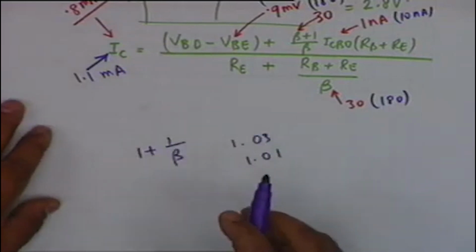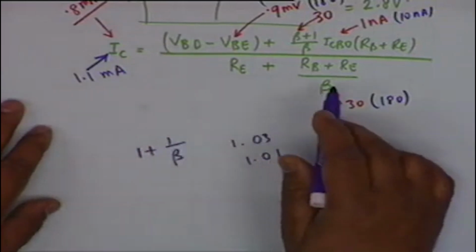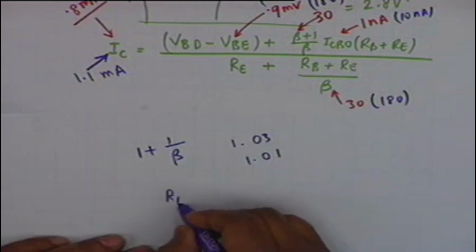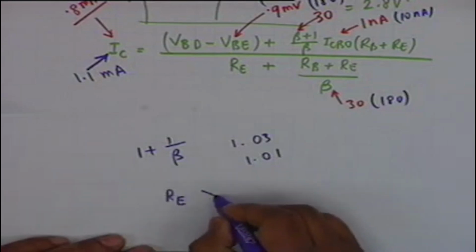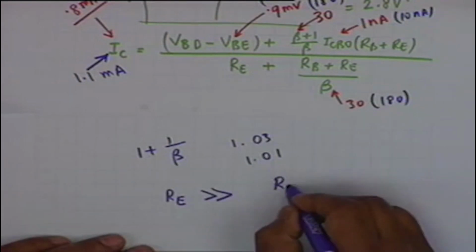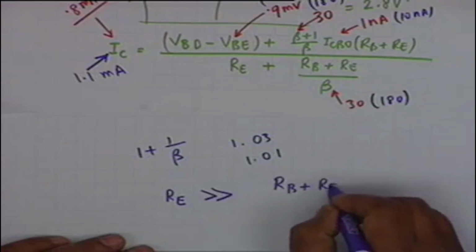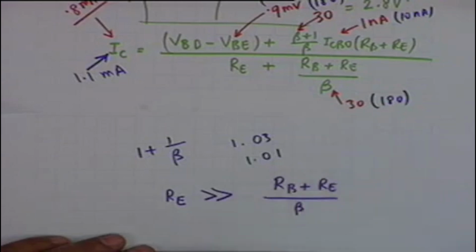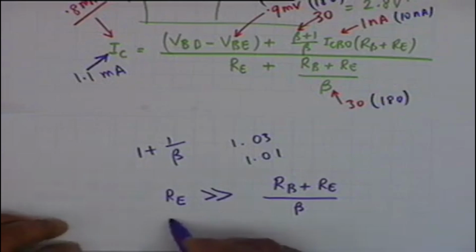So, if I wish to make IC independent of beta, what I should do is make Re much greater than Rb plus Re divided by beta, which means that Re should be much greater than Rb over (beta minus 1).